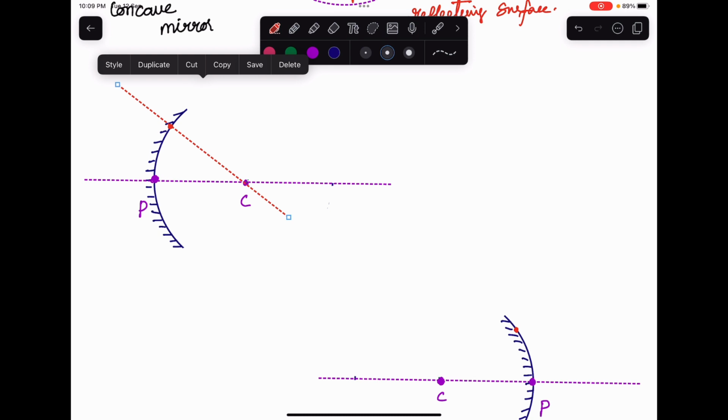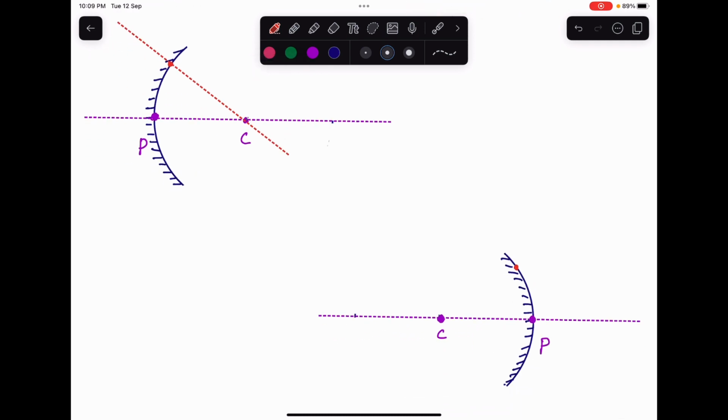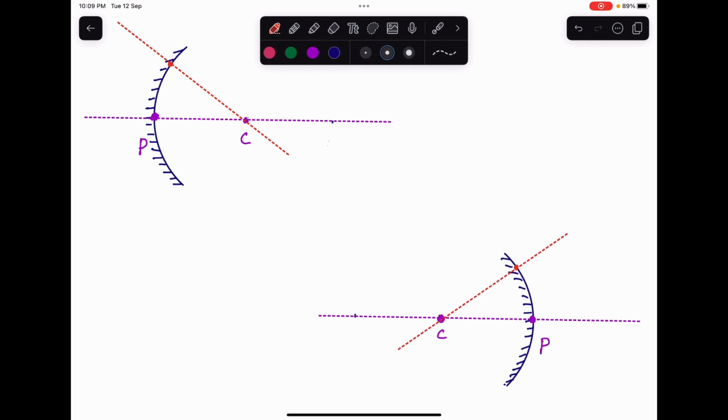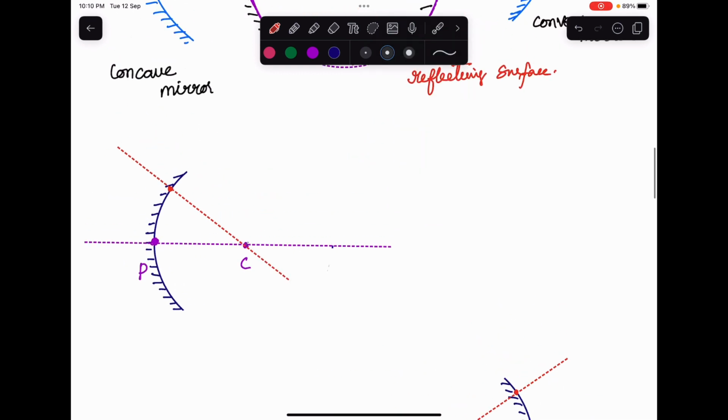This is called your normal. Similarly here also, a line drawn through the center of curvature and any point on the spherical mirror is called your normal. So this line is defined as your normal.